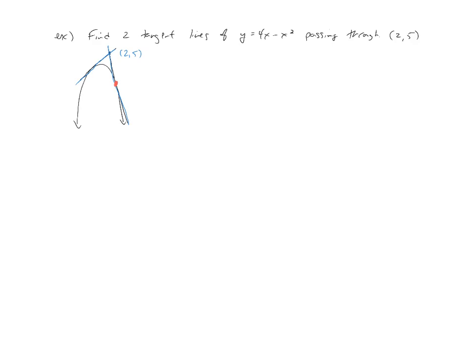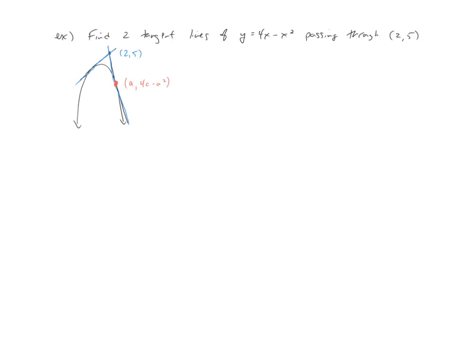Well, I've already got one point. So for my other point, let's say that the x coordinate is a. If that x coordinate is a, notice it's still on this curve. How would I find the y coordinate? Well, if x is a, to find the y coordinate on this curve, I would plug it into my function. So my other coordinate would be a, 4a minus a squared.